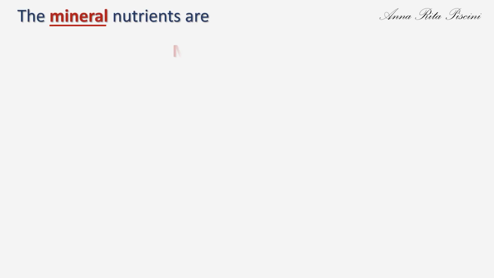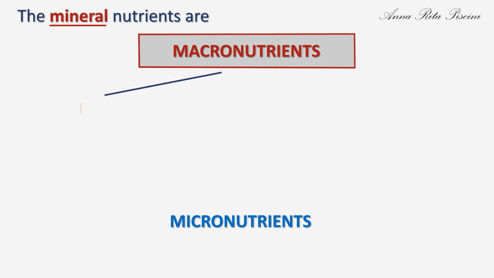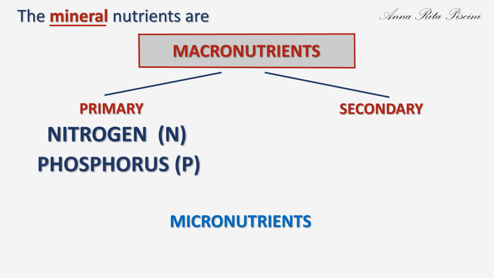The mineral nutrients are macronutrients and micronutrients. Macronutrients are divided into primary macronutrients and secondary macronutrients. Primary macronutrients include nitrogen, phosphorus, and potassium.